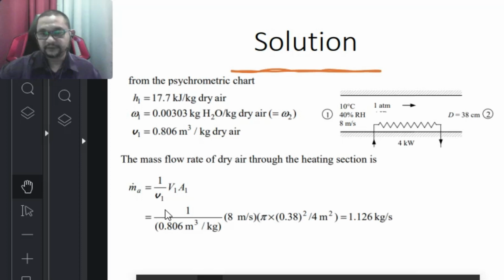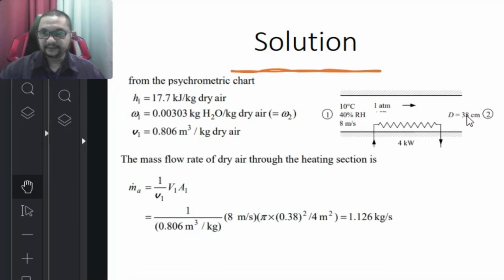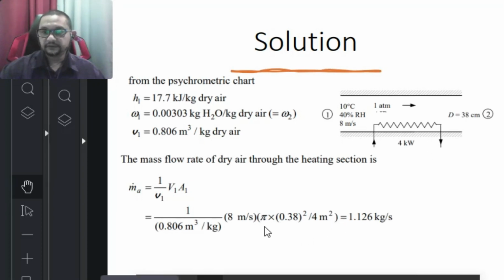Put the values in the formula. The velocity has been given, 8 meters per second, and for the area, the diameter is 38 centimeters. So you have to find the area of this duct: pi times d squared over 4.